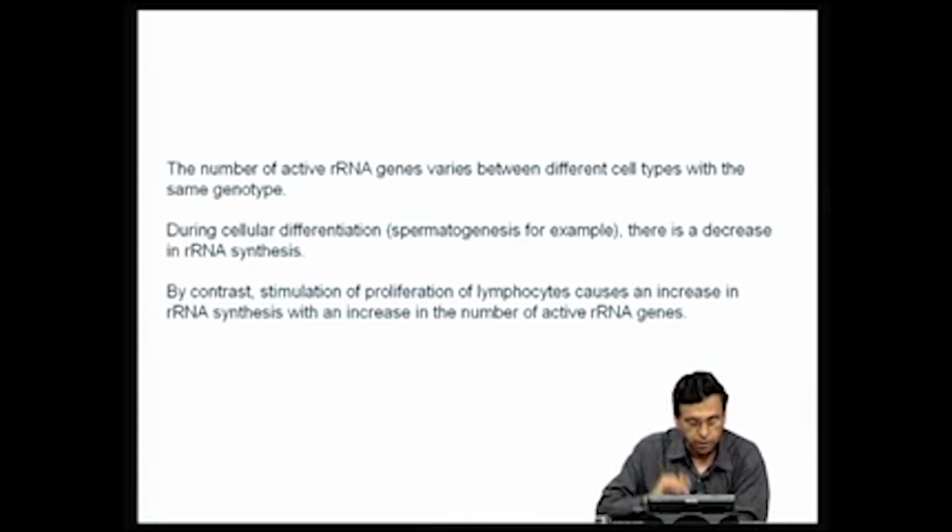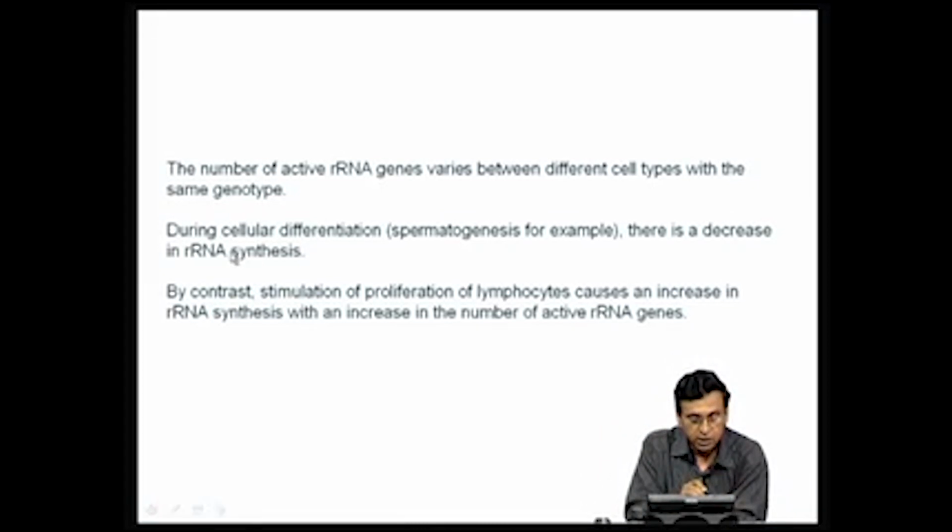This is the major mechanism by which ribosomal RNA is synthesized and how rRNA transcription is regulated. Now, let us see in the physiological context what is the significance of the study of ribosomal DNA transcription. The number of active rRNA genes varies between different cell types even within the same organism. Even ribosomal DNA transcription in liver is different from that in muscle, brain and so on, because it depends on the metabolic status of the cell type.